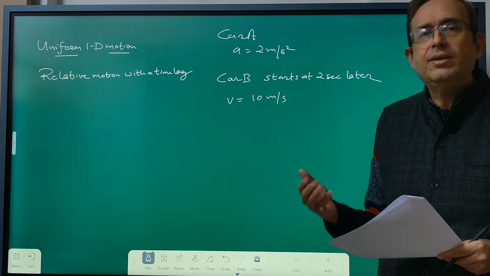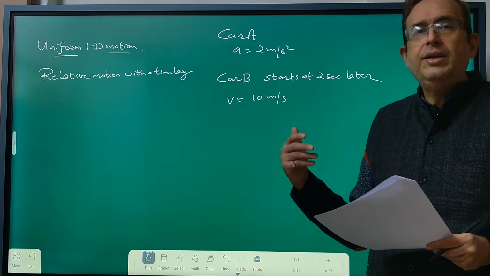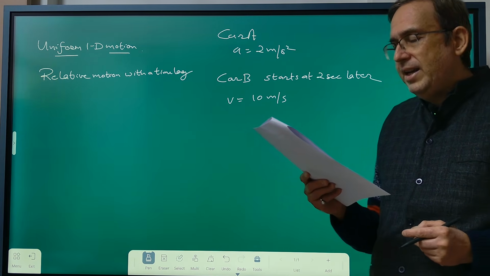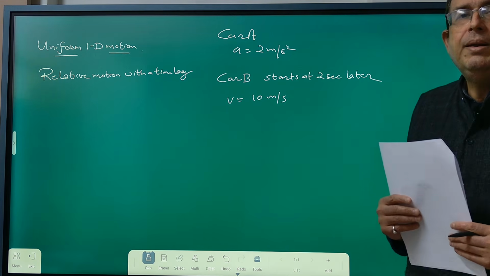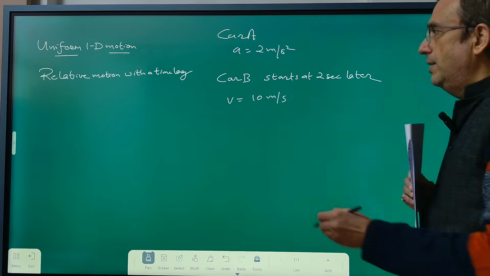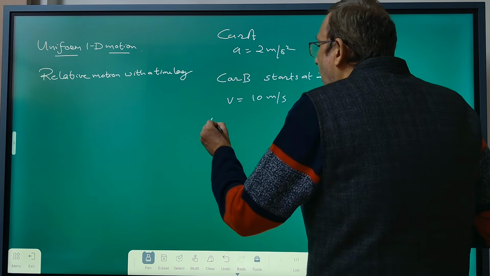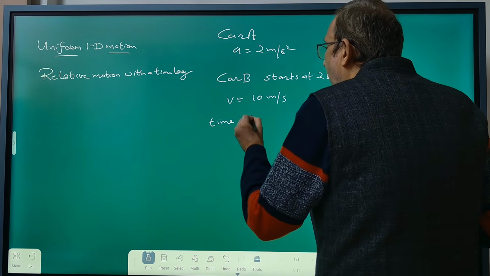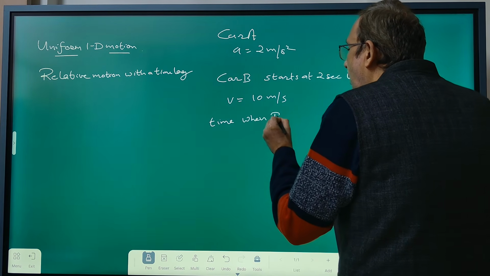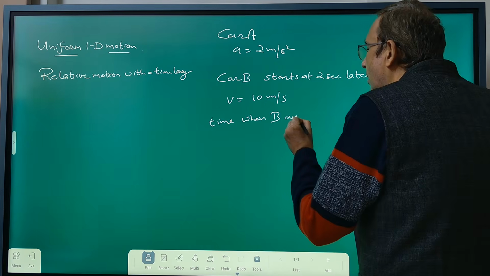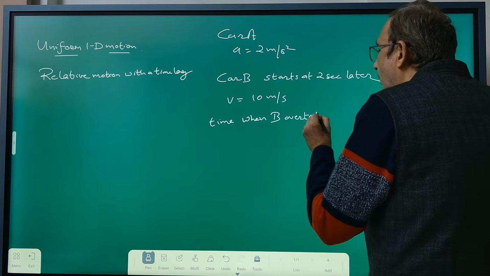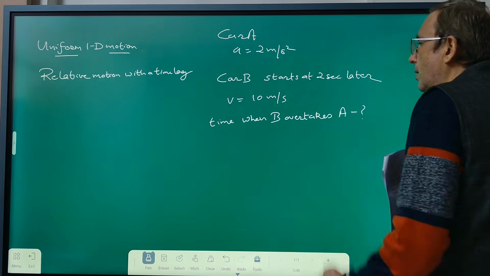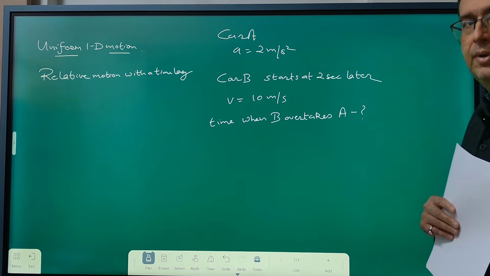So car B starts, now it is not accelerating, it is only moving with a constant speed. So what is asked is, what would be the time when B overtakes A? That is the question that is being asked.